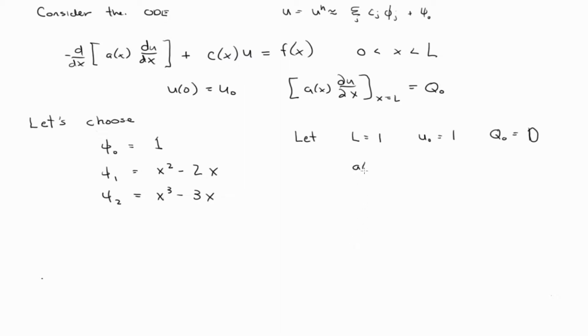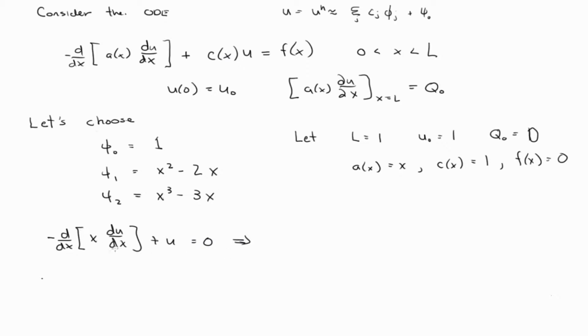And we're going to let A of x equal x, C of x equal 1, and F of x equal 0. All right? So that means our equation reduces to d dx of x du dx plus u equals 0.